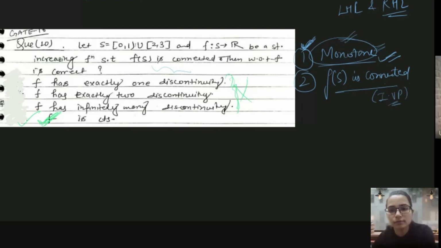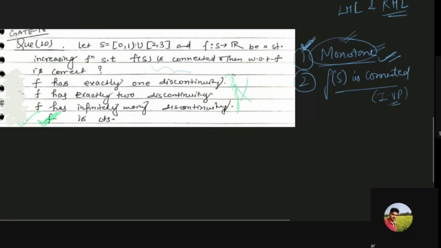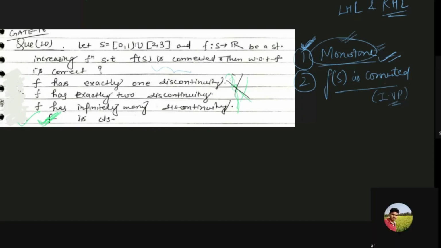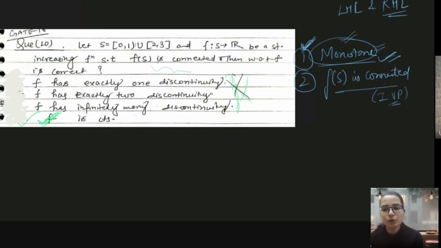Also we can say that since f of R is a connected interval, it satisfies IVP. Exactly, if you take f of a and f of b and k lies between them, since this is an interval, there exists x such that f of x equals k. And monotone and IVP imply continuous.